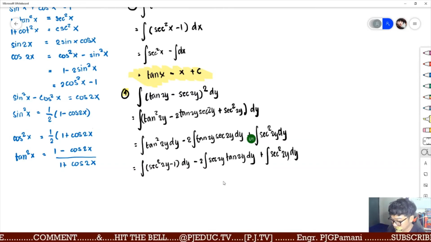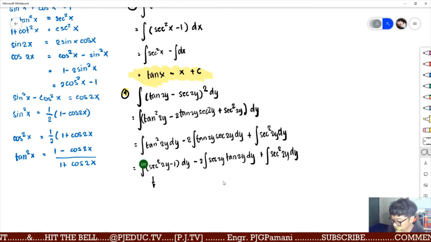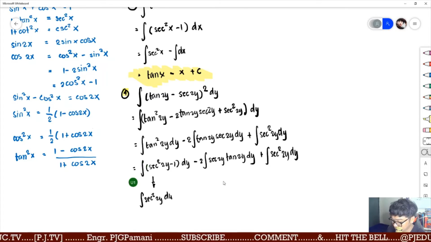Let's take them one by one. First, this is the integral of secant squared 2y dy minus the integral of dy.